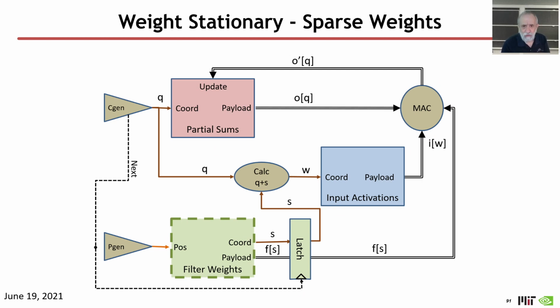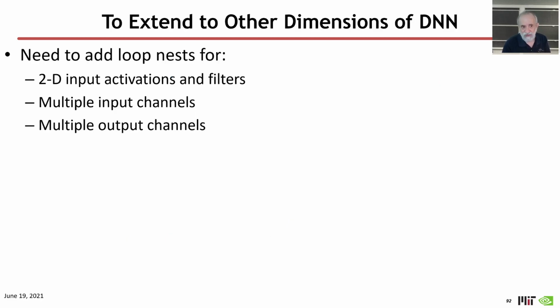Obviously, these cases were quite simple. If we want to extend this modeling to the other dimensions of the DNN, what we're going to end up doing is adding loop nests for 2D input activations and 2D filters. We're going to have multiple input channels, multiple output channels, and we're going to want to add parallelism.